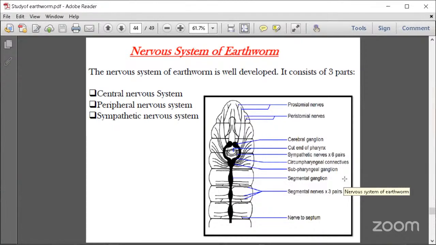Following nerves arise from the brain: 8 to 10 pairs of nerves arise from the brain, which innervate or supply the prostomium, buccal cavity, and pharynx. 2 pairs of nerves arise from circumpharyngeal connectives, which supply the walls of prostomium and peristomium segment. 3 pairs of nerves arise from subpharyngeal ganglia, which supply the second, third, and fourth segment. 3 pairs of nerves arise from each segmental ganglia, which supply various parts of segment, gut wall, body wall, and other internal organs.